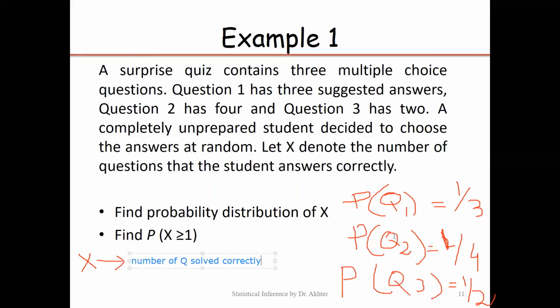Question number 1 is to be solved by the student. Question number 2 is to be solved. Question number 3 is to be solved. There is no choice out of these 3 questions. So the second thing is what? The values of the random variable. What are the values of the random variable? We have to write down those values.